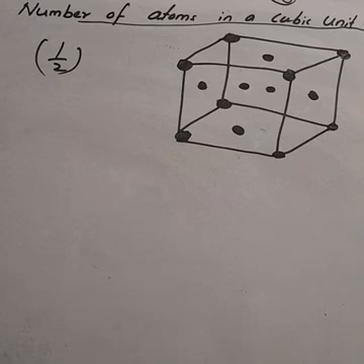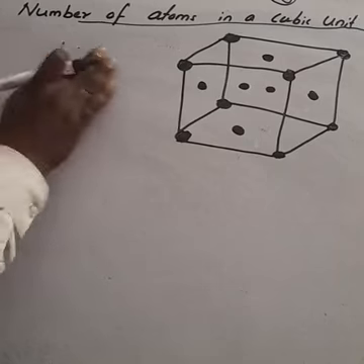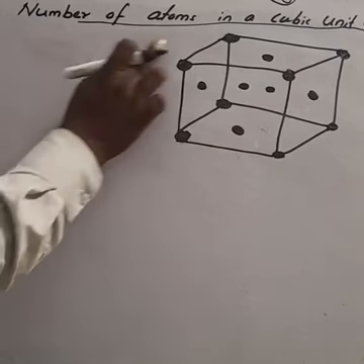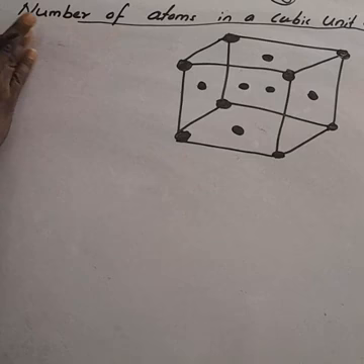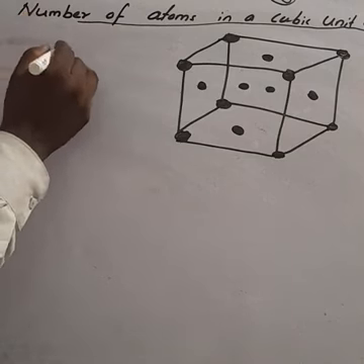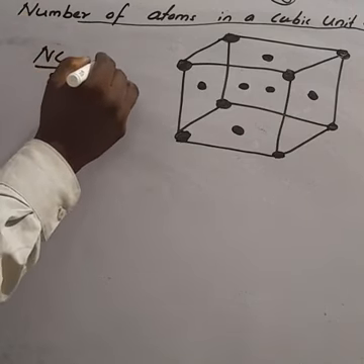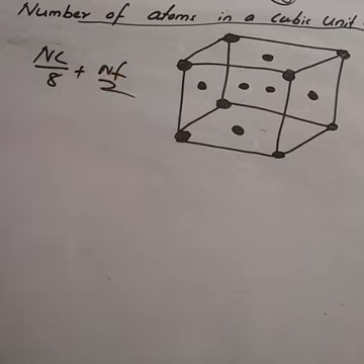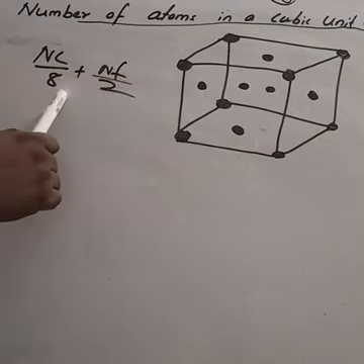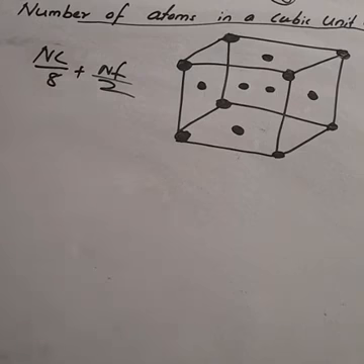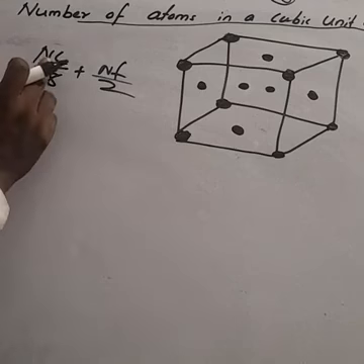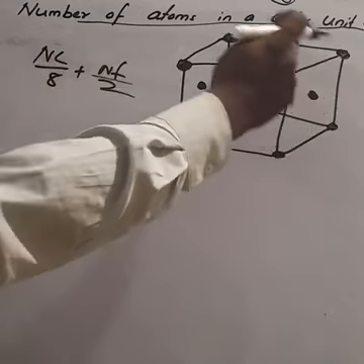How can you write the number of atoms in the FCC unit cell? The number of atoms in the FCC unit cell is equal to NC divided by 8 plus NF divided by 2. What is NC? Number of corners. How many corners? 8.